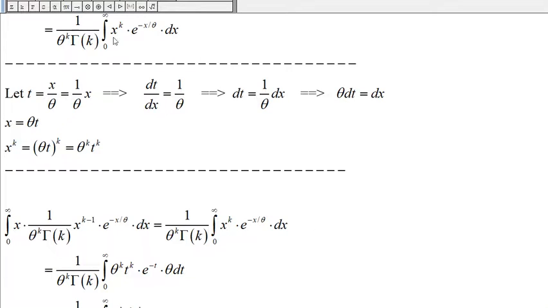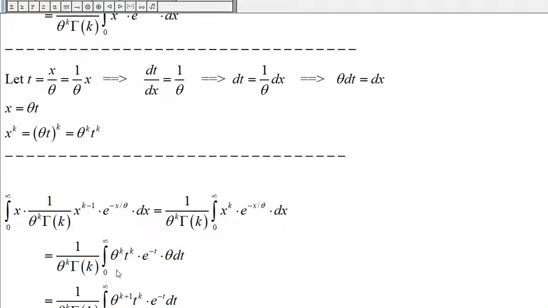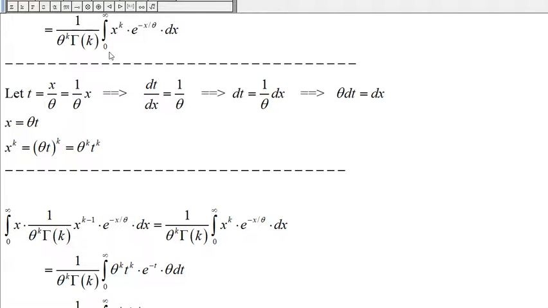And so for this integral, in the place of x to the k, we have theta to the k times t to the k.